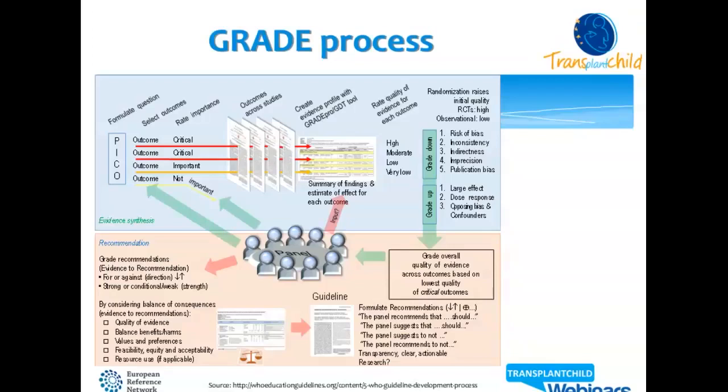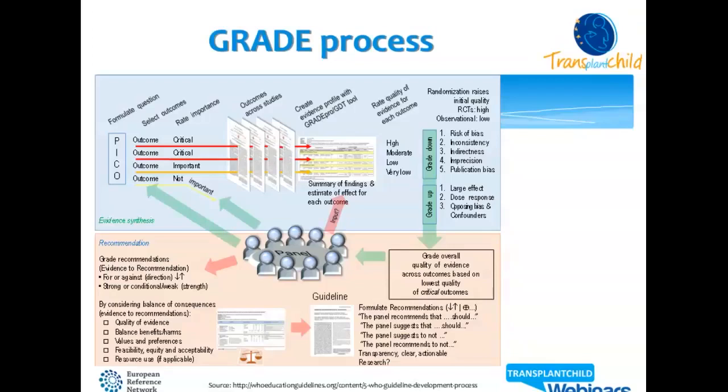But keep in mind that some points of this systematic review need to be very clear in the guideline process. For example, selecting outcomes and rating the importance of the outcomes, which is one of the main things we are going to do in the near future. And you will see also down a light rose square, which are the recommendations. If you remember, the process of the guideline is from the question to the recommendation.